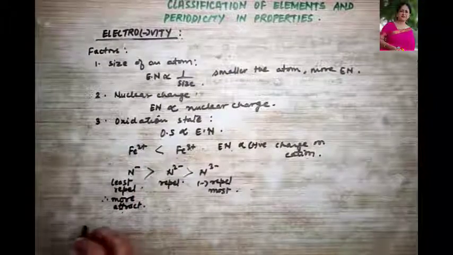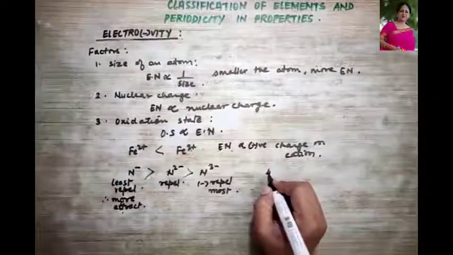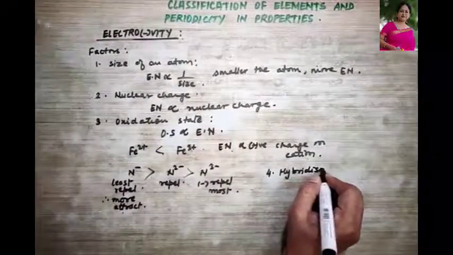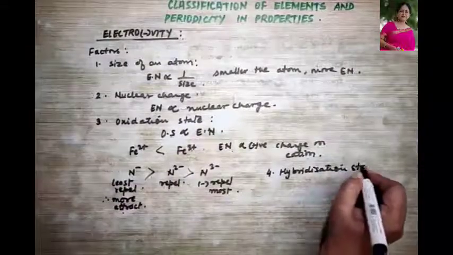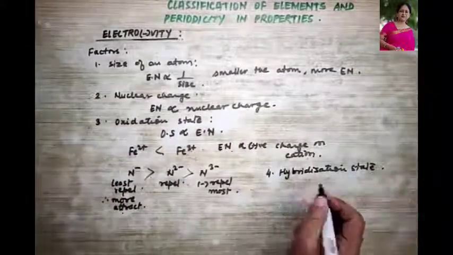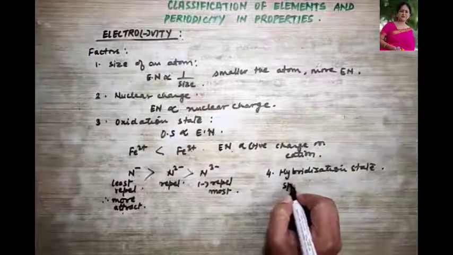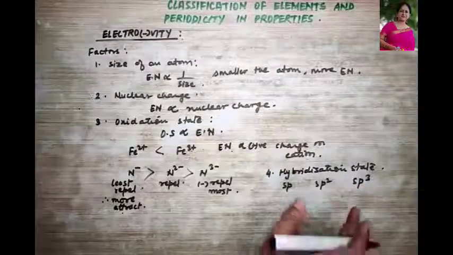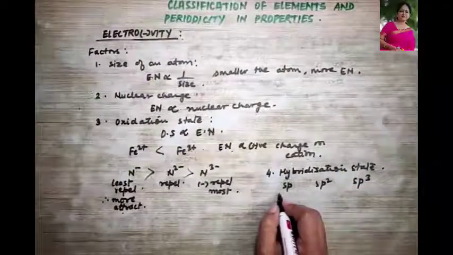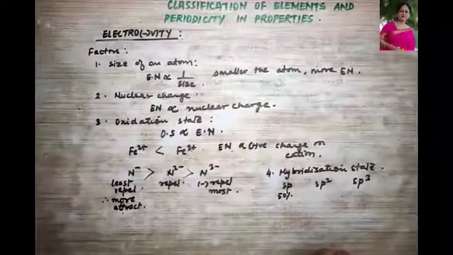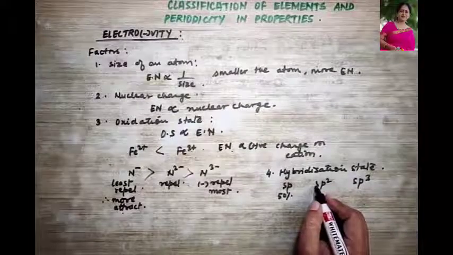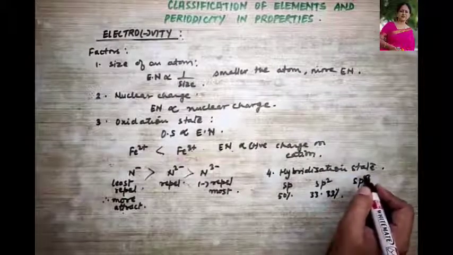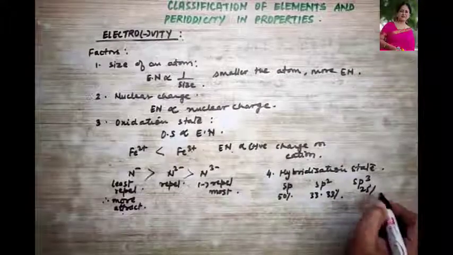Next, the fourth point is hybridization state. Over here there are three hybridization states: sp, sp2 and sp3. So let us look at the percentage. Over here we find 50% s. Here the s is 33.33% and over here it is only 25%.